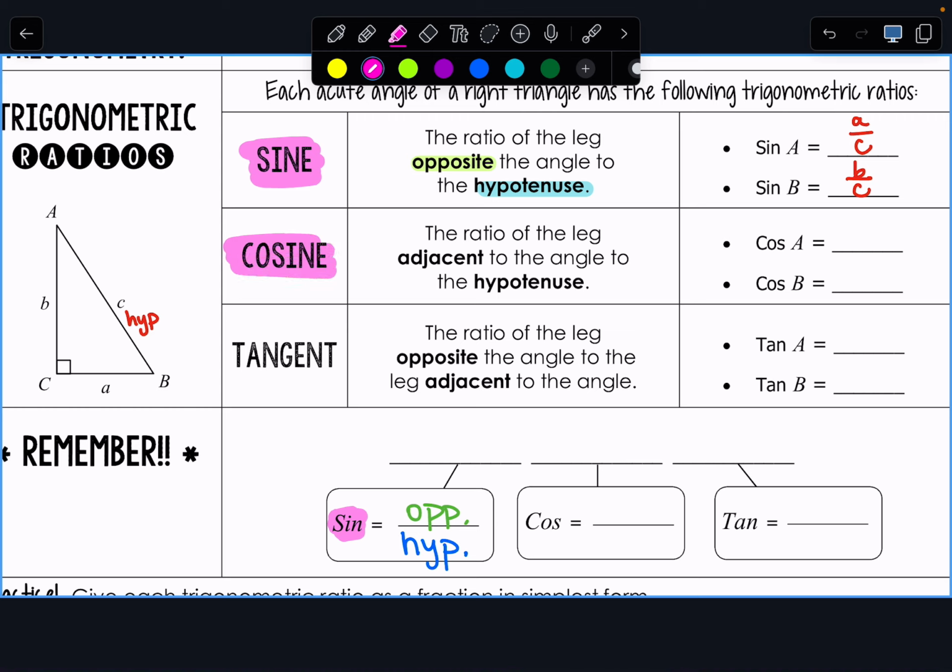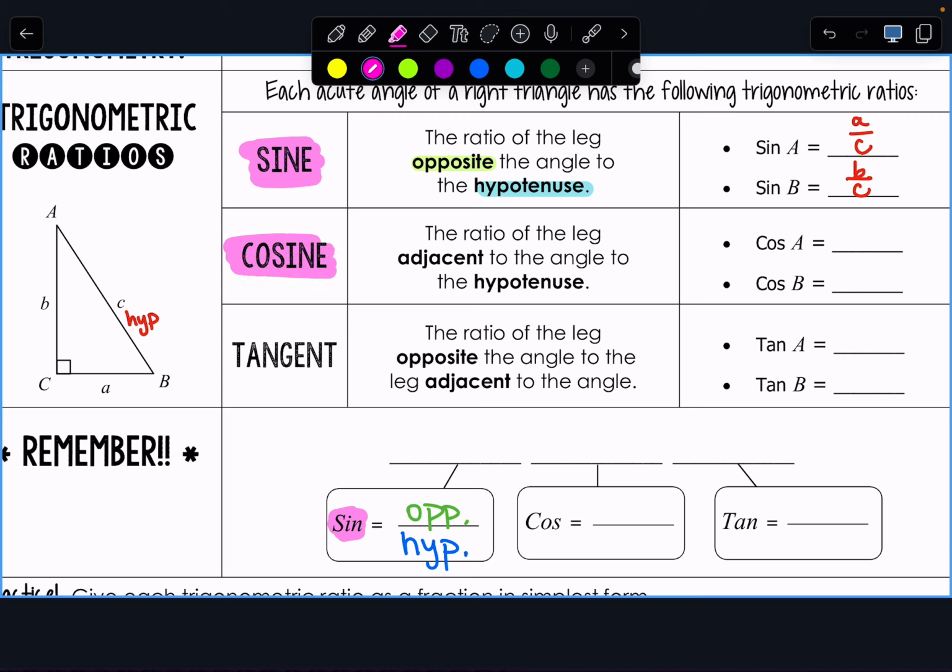Now, our next ratio is called cosine. So there's sine and cosine. We abbreviate it COS. Do not call it cos. Cosine is its name.